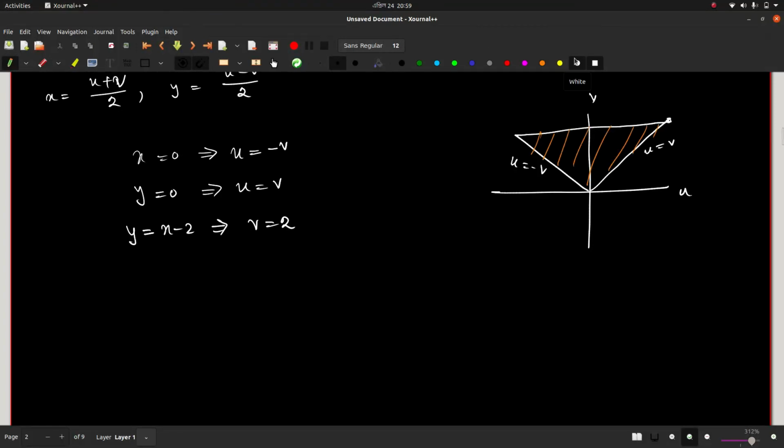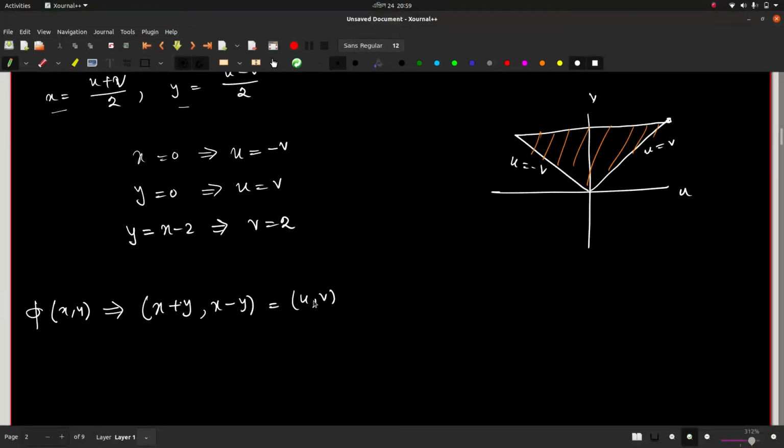Okay, now we want to use the ideas, or the tools, that are coming from differential forms. And note that this change of coordinates is just that map, this phi of (x, y). That means this phi is taking your x and y coordinates and returning the new values x plus y and x minus y, which are written as u and v.